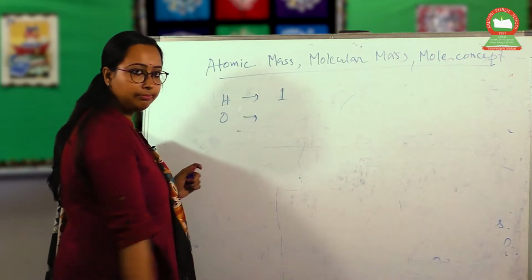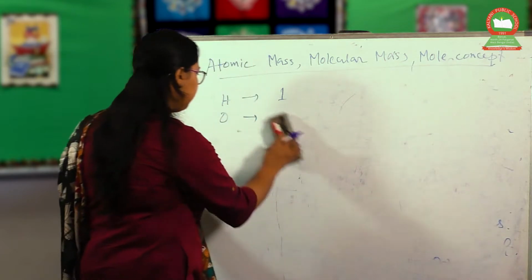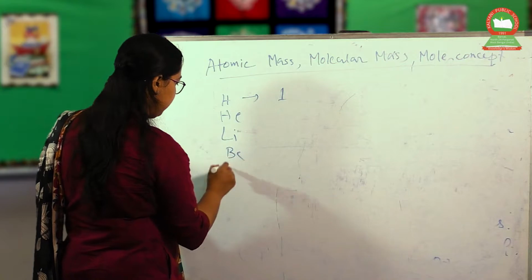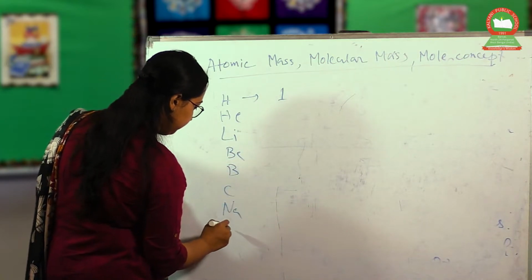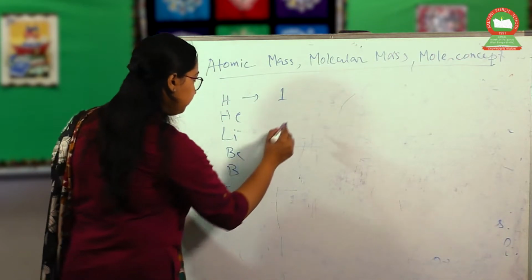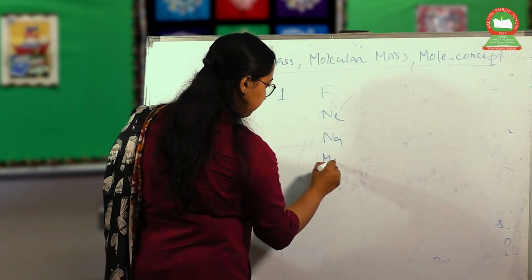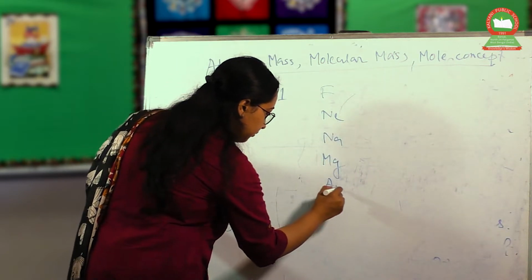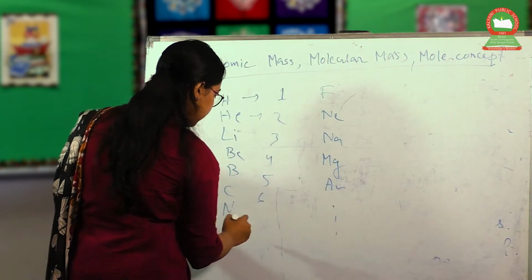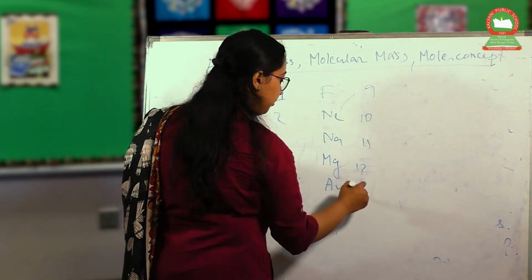There are hydrogen, oxygen, helium, lithium, and so on, numbered 1, 2, 3, 4, 5, 6, 7, 8, 9, 10, 11, 12, 13.